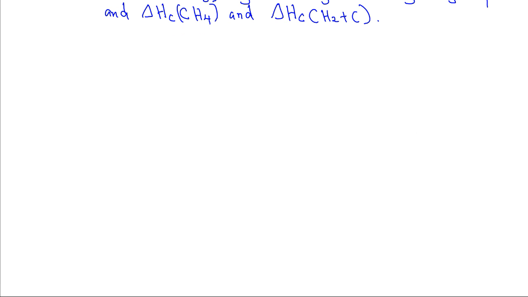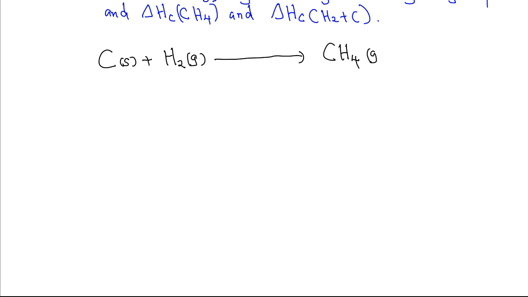So that is carbon plus hydrogen leads to formation of methane. This is delta H formation of methane.